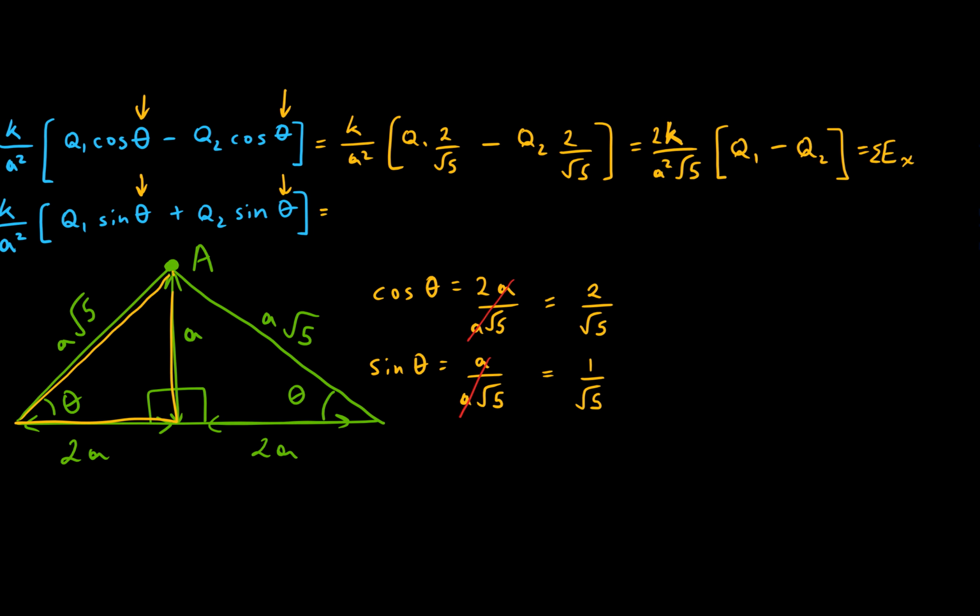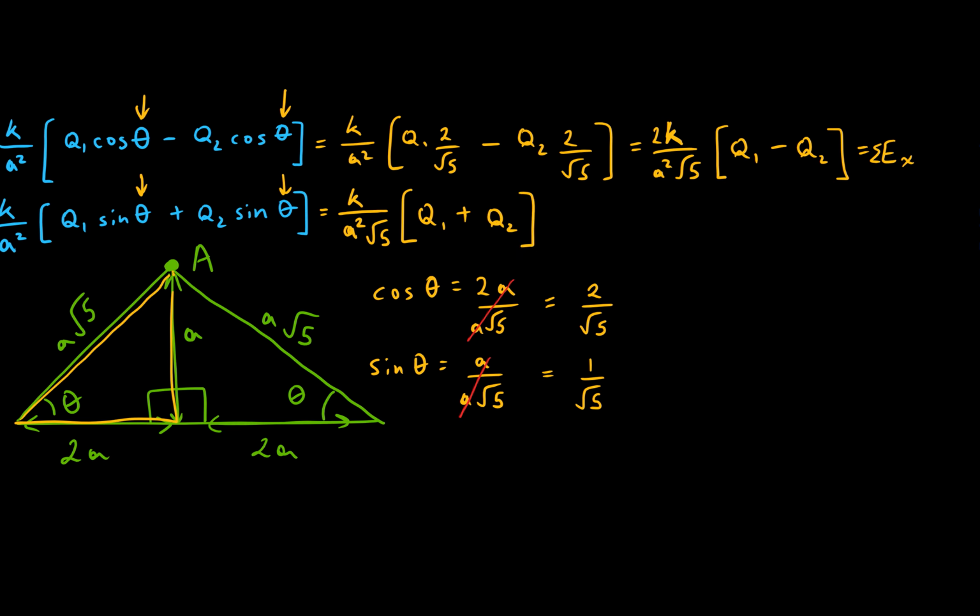So likewise, I can do the same thing over here. I can say for this one, this is going to be k over a squared times the square root of 5 multiplied by q1 plus q2.